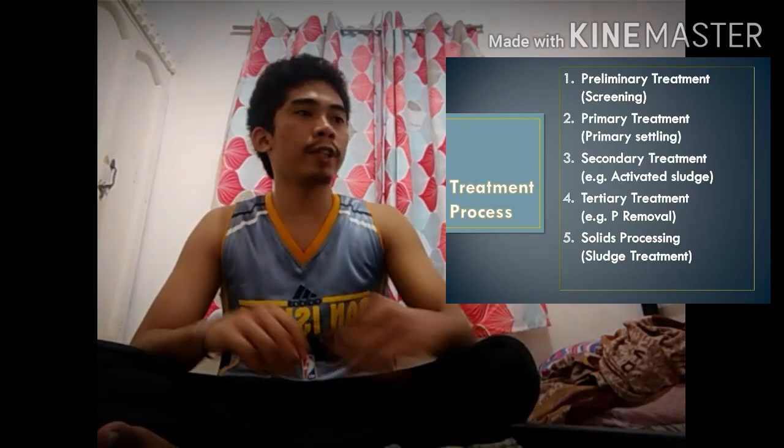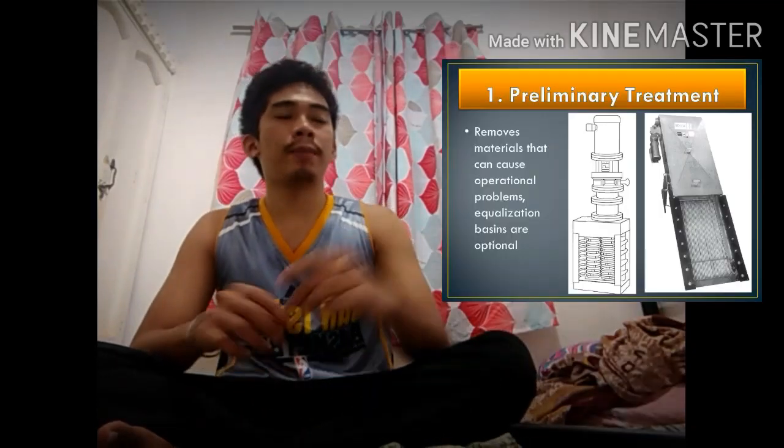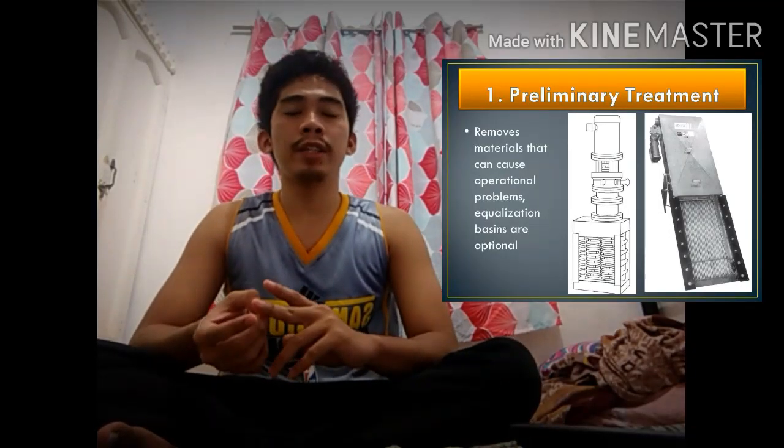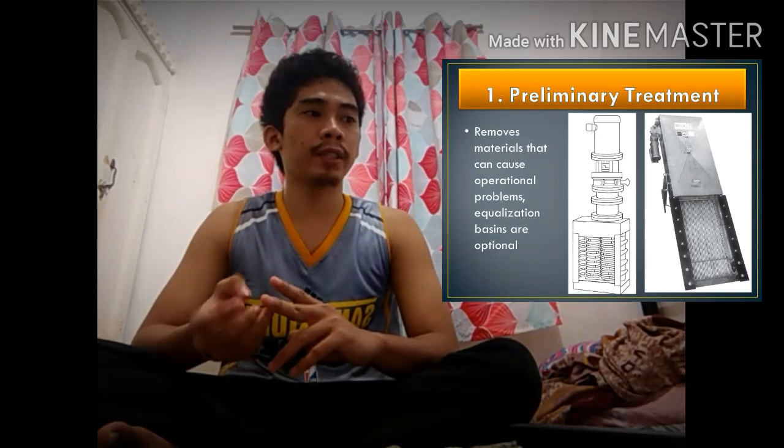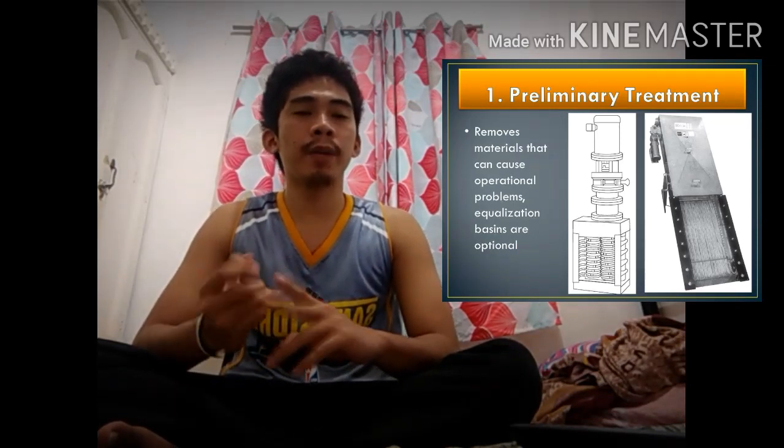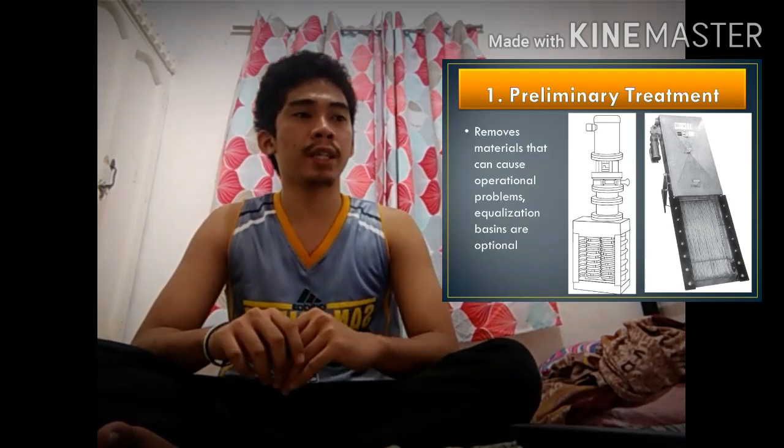We will now go to the treatment process. The first process is the preliminary treatment. In preliminary treatment, the main purpose is to remove materials that can cause operational problems.